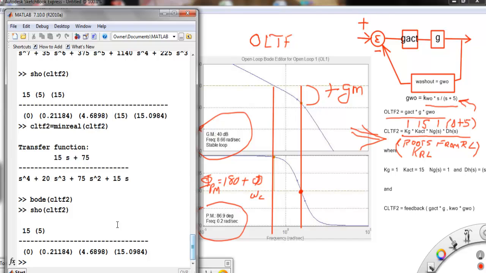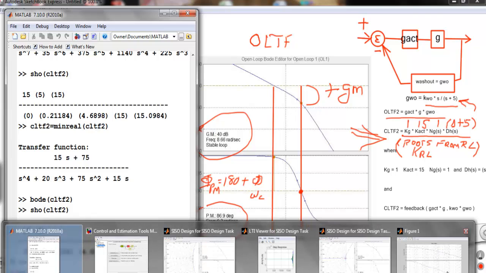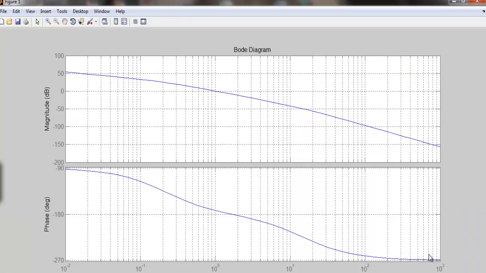The other thing I wanted to show you was if you take the Bode plot of the closed loop transfer function, you'll be able to determine what's called the bandwidth. So here is the closed loop Bode plot, and the bandwidth is defined as the frequency where the output falls 3 dB from the input. So assuming my input's at 0 for 1, then 3 dB will be approximately this area right here where I have my arrow moving.